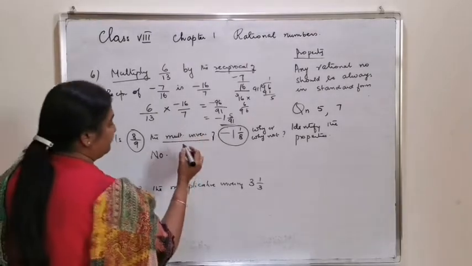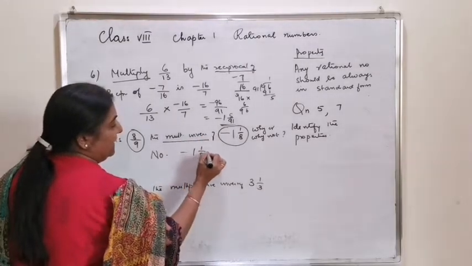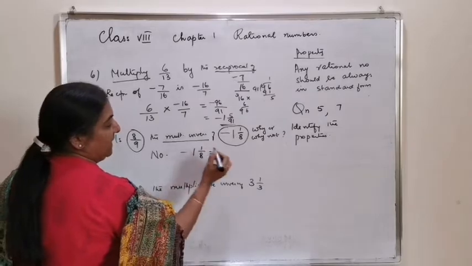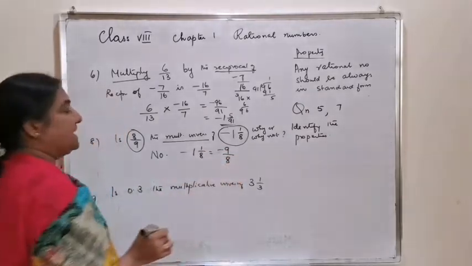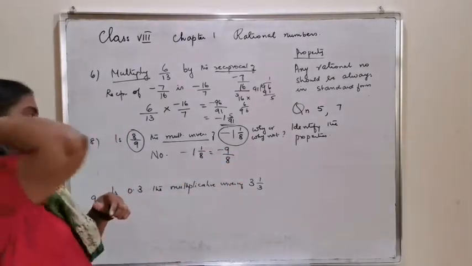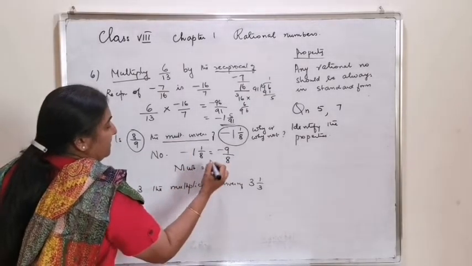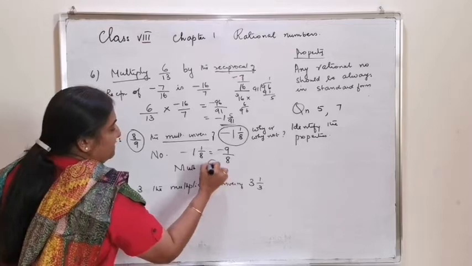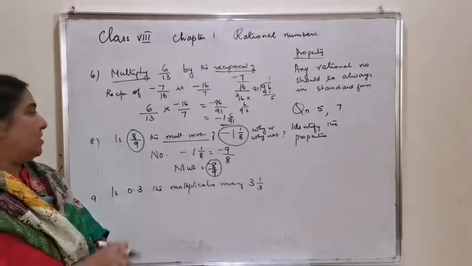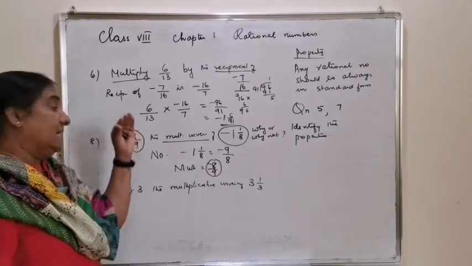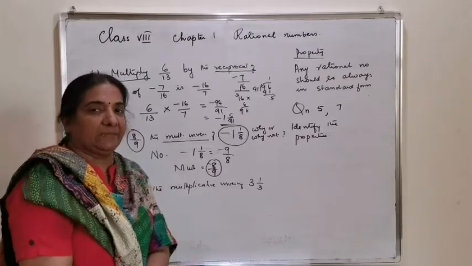Why? Because minus 1 and 1 by 8 is the same as minus 8 plus 1, 9 by 8, is minus 9 by 8. Then the multiplicative inverse is minus 8 by 9. It is not positive 8 by 9, it is negative 8 by 9.